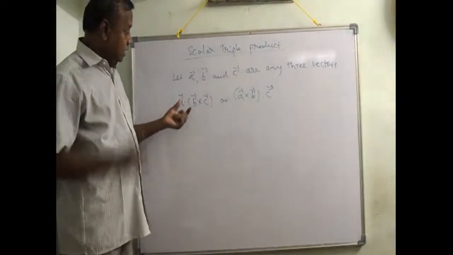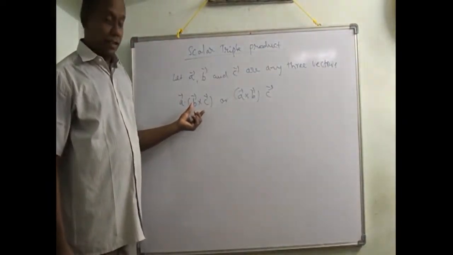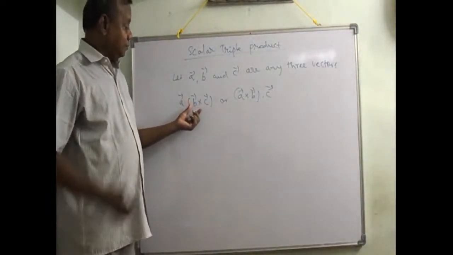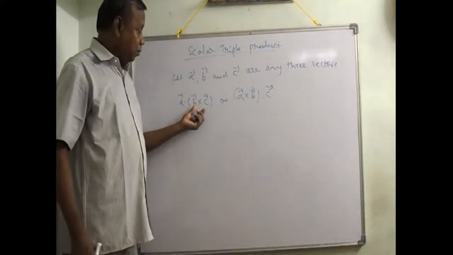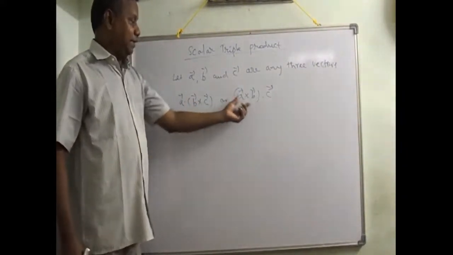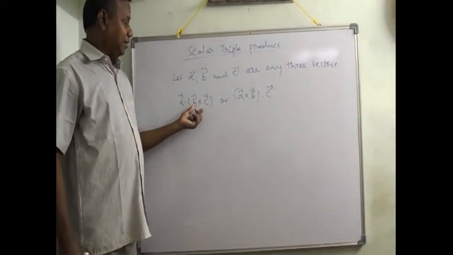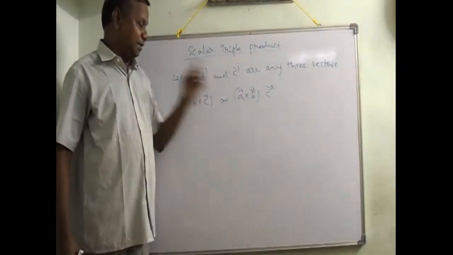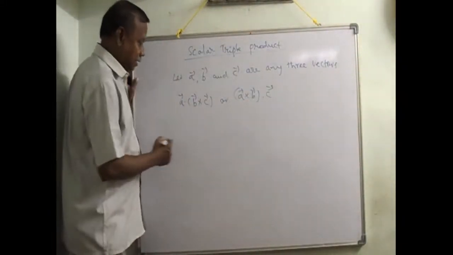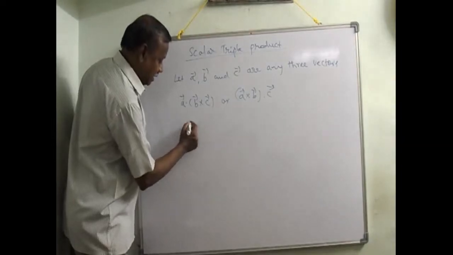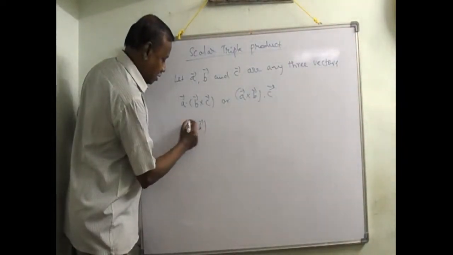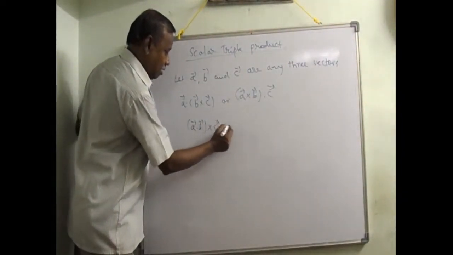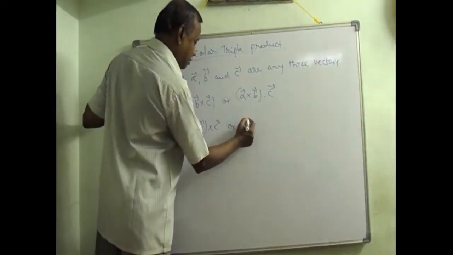In this case we have to consider the first cross product within the bracket, that is either b vector cross c vector or a vector cross b vector.